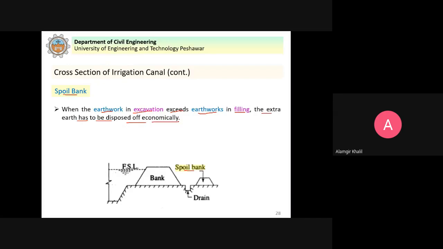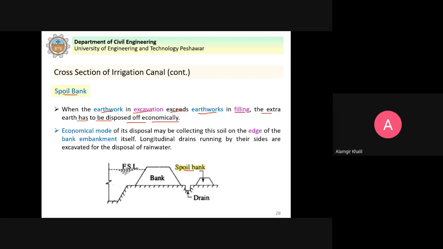When we are constructing an irrigation canal and the earthwork in excavation exceeds earthwork in filling, we have extra material left, so that extra earth has to be disposed of economically. The economical mode of its disposal may be collecting this soil on the edge of the bank embankment. So just collect it on the edge of the bank embankment itself.